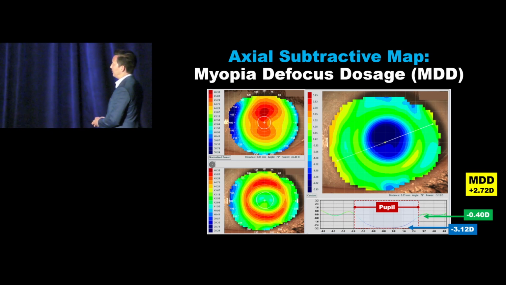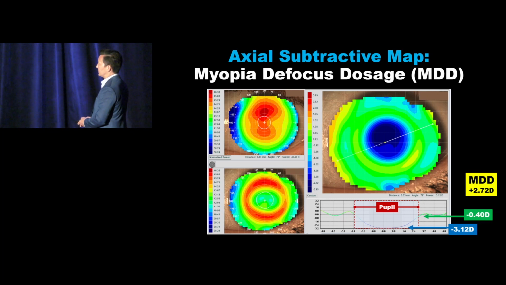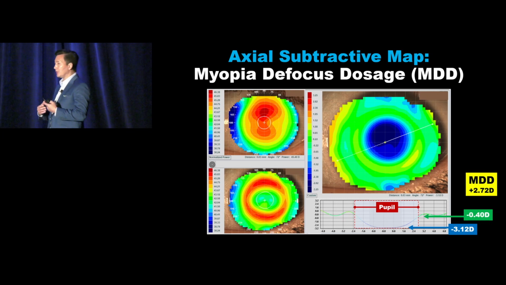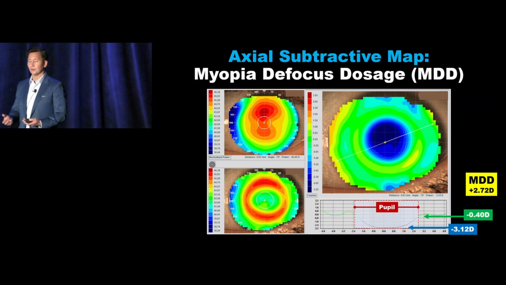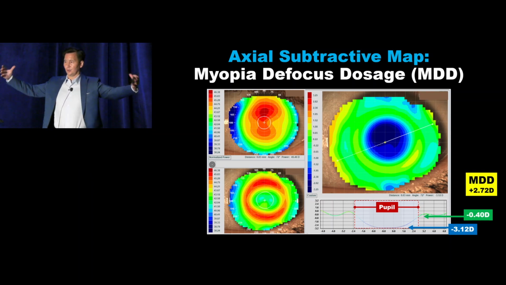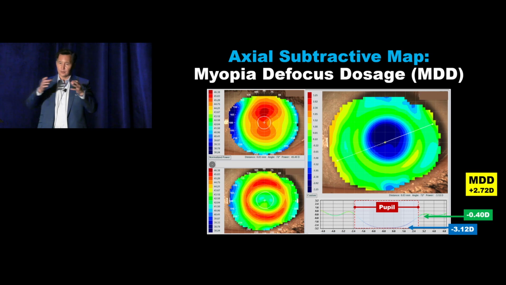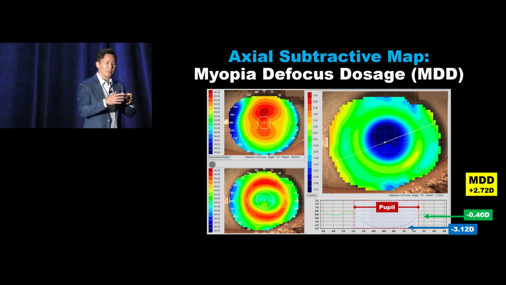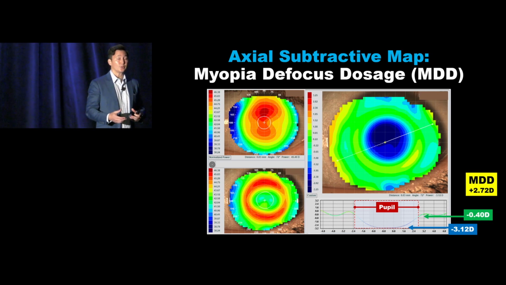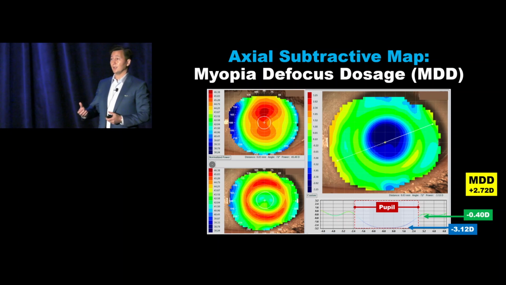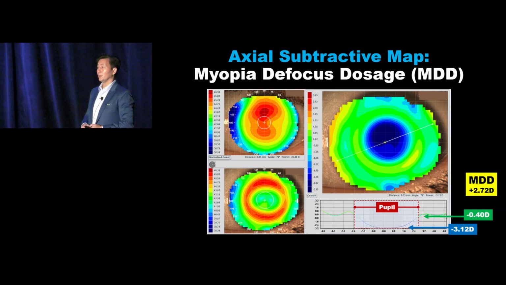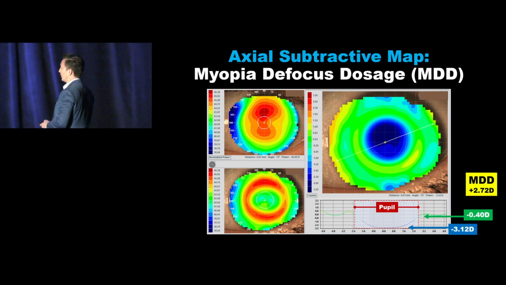Do you create a big, huge blue LASIK optic zone or treatment zone where there's basically the same power all the way along a 5 millimeter zone? There'd be no defocus. There'd be no signal to slow down eye growth if your treatment zone is humongous. If your treatment zone is small, then it's going to create more spherical aberration. It's going to create more defocus within the pupil. It'll create better myopia control. So this is an important one.